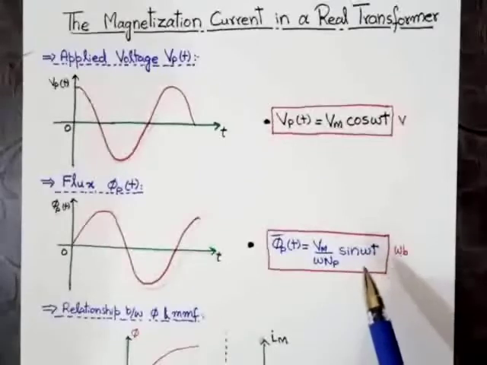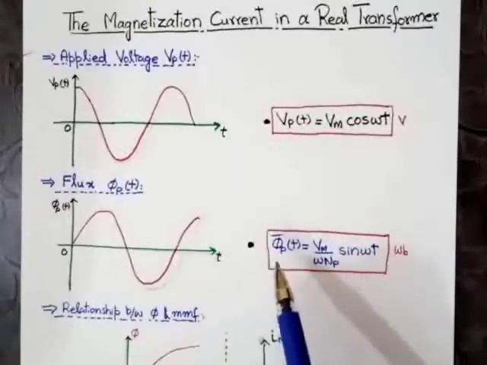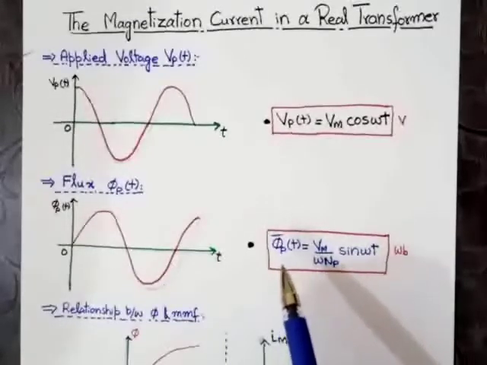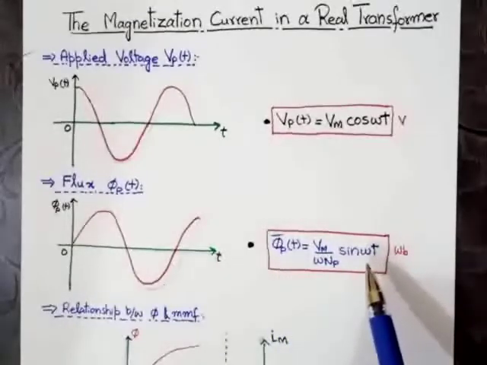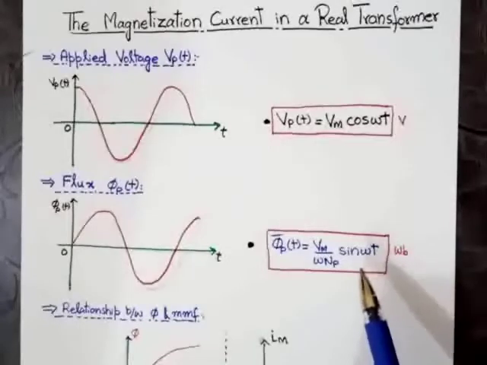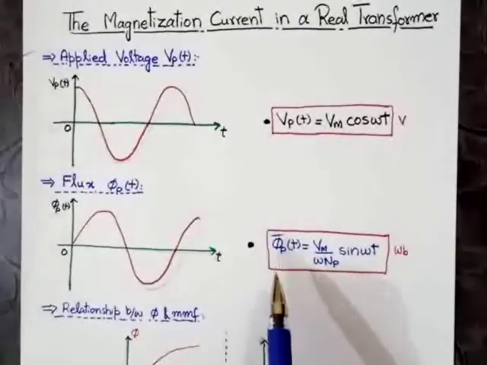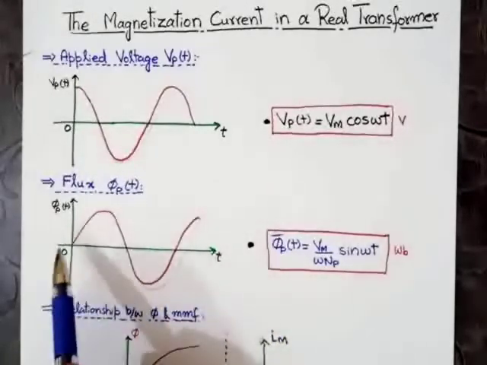Now, by putting the value of t equal to 0 in this equation, the waveform of the average flux will start from 0, because when the time is 0, the value of sine 0 is 0. So the waveform of the average flux due to primary winding will start from 0.